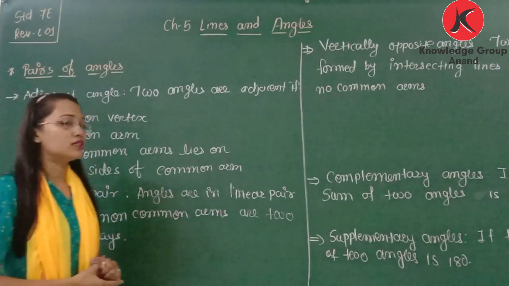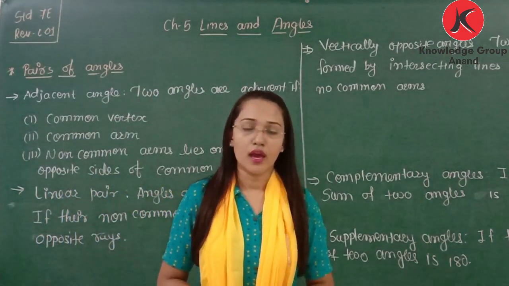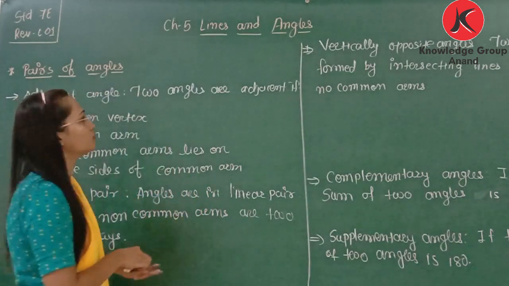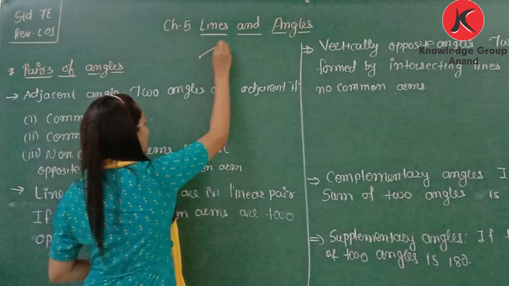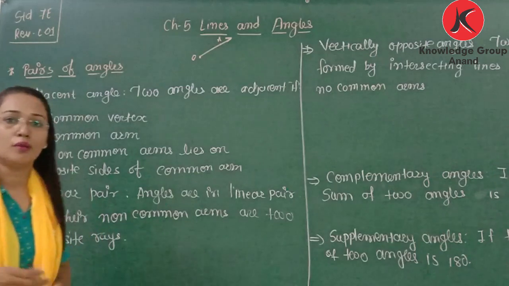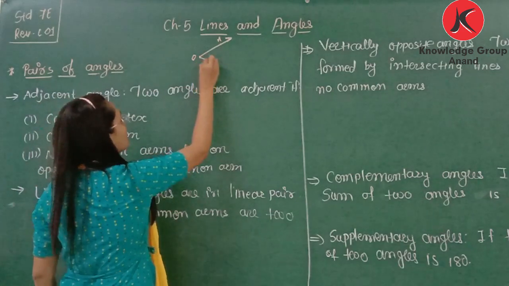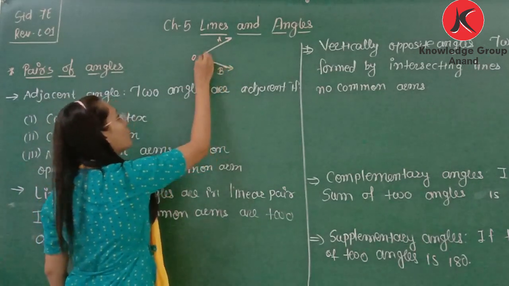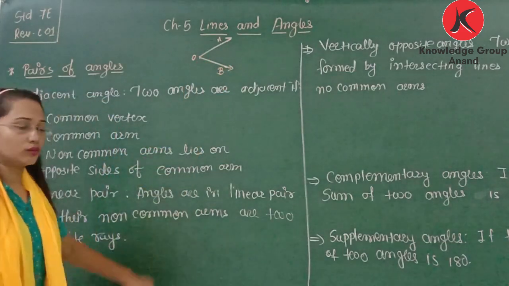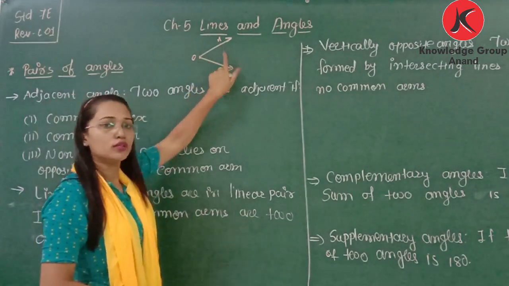Okay, now angles. What is an angle? If two rays start at one point and extend in different directions, then they form an angle. For example, this is ray OA, and if we draw one more ray that also has initial point O and extends in the direction of point B, both are different.